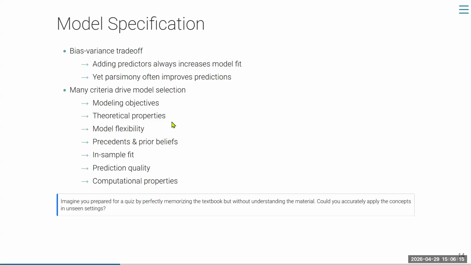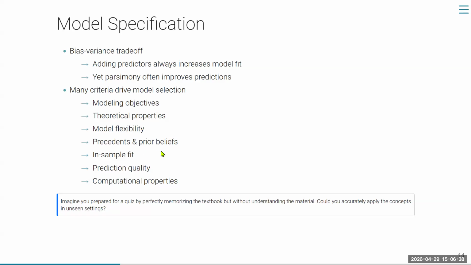The theoretical properties of the data generating process or the model also influence our choices. The rigidity or the flexibility of the model is something that we should consider. The multinomial logit is less flexible than the heterogeneous demand models that we talked about a few minutes ago.